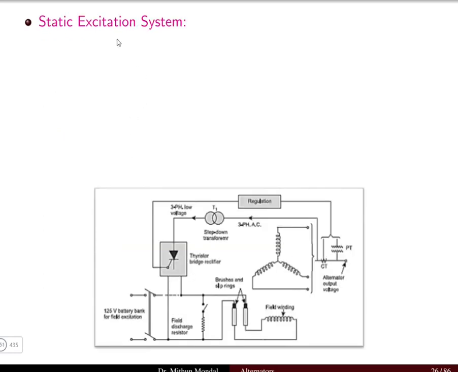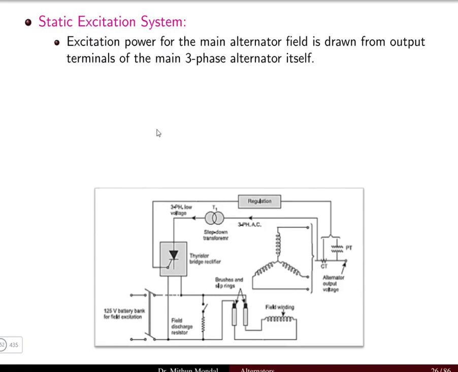The second excitation is basically the static excitation system. So in the static excitation system, the power of the excitation given to the main alternator field is drawn from the output terminals of the main three-phase alternator itself. So the three-phase alternator itself is responsible for exciting its own field winding.